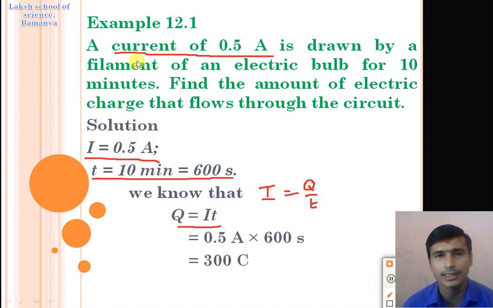Here the current is 0.5 ampere and the time is 600 seconds. By calculating this, we get the electric charge as 300 coulomb. This way we can easily calculate the electric charge flowing through any circuit.